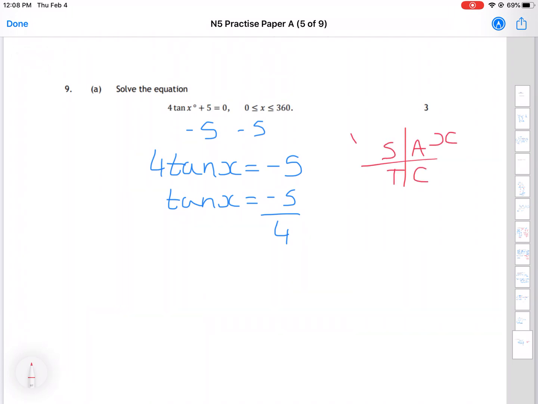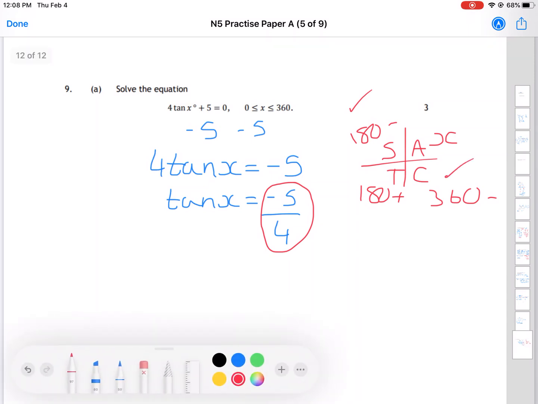We've got x, 180 minus, 180 plus, and 360 minus are the calculations to do within those. Now, when we're looking at this diagram, we are thinking about the fact that we have a negative 5 over 4. So with tan, we normally want to use A and T. Since it's negative, we use the opposite, so it's S and C this time.